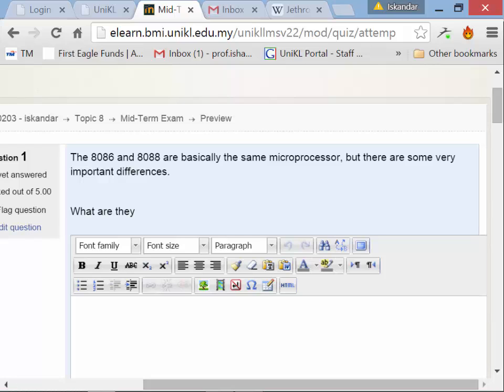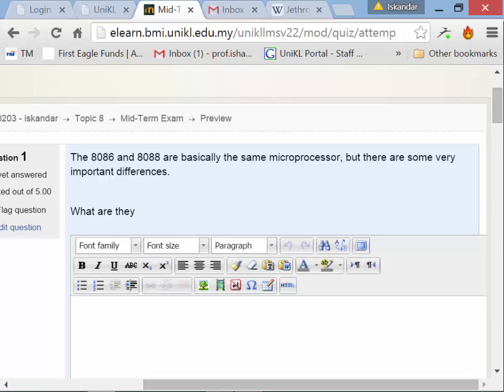So that is a key difference that I'm looking for. Internally, they have the exact same register component. They have the exact same clocks, but the major difference is that the 8088 is an 8-bit microprocessor externally.